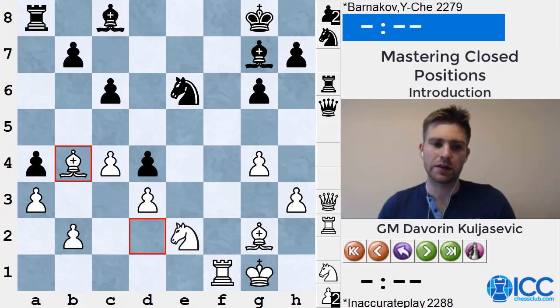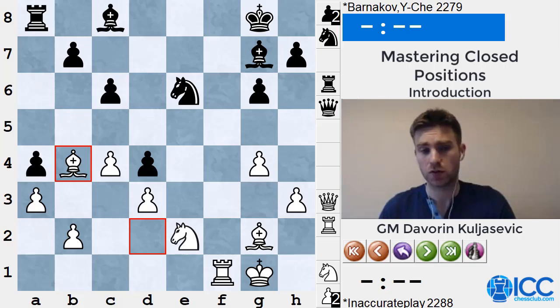So to an untrained eye this might seem like a fine game. I mean, both players played normal moves, but on closer inspection you see that there were inaccuracies in the planning phase, in the prophylactic thinking phase, and some of these mistakes or inaccuracies are also quite instructive.